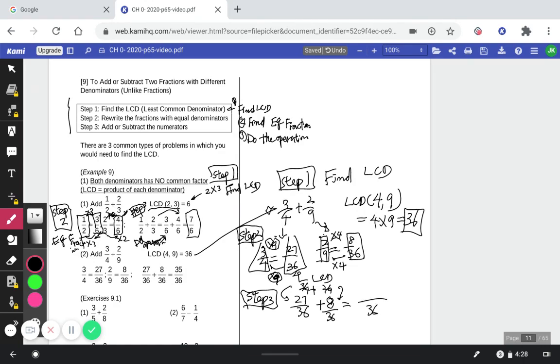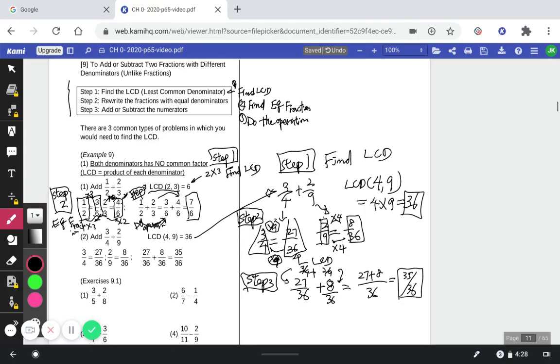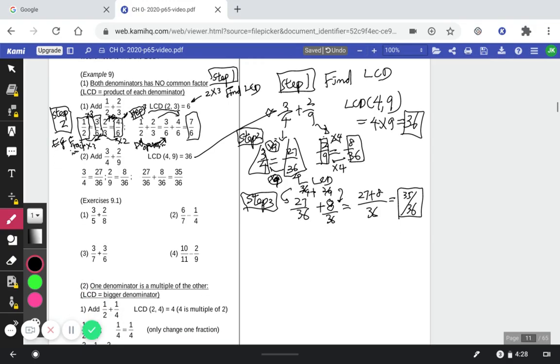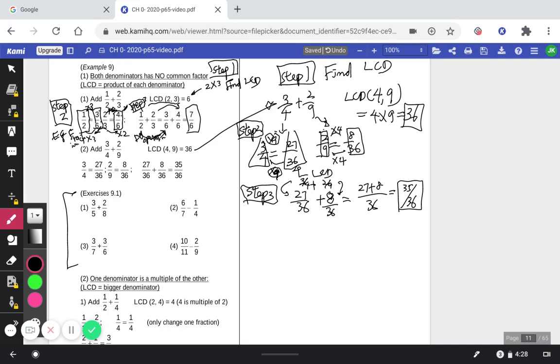So since the denominator is the same, now you can do the operation on the numerators, which ends up with 35/36 as the final result for the addition of 3/4 plus 2/9. So you follow those 3 steps. Do some exercises and see if you can get the correct answer. Make sure you check your answer with the answer key at the bottom of each section.